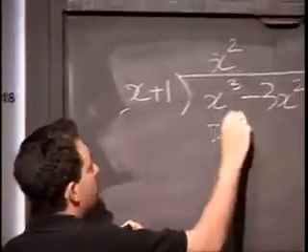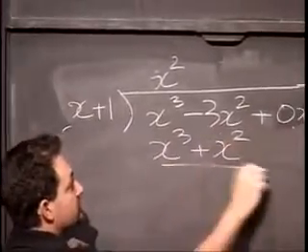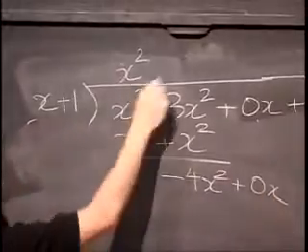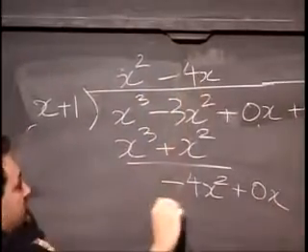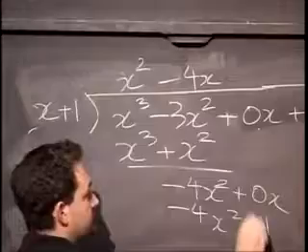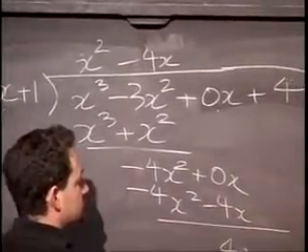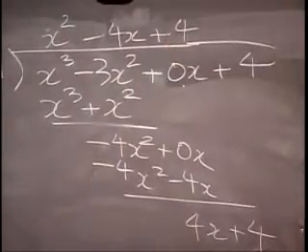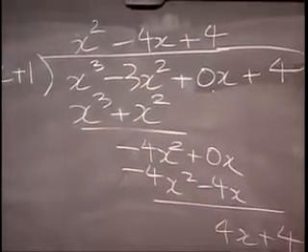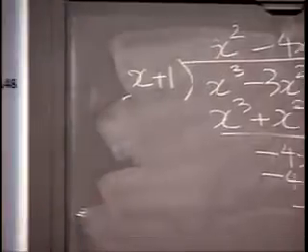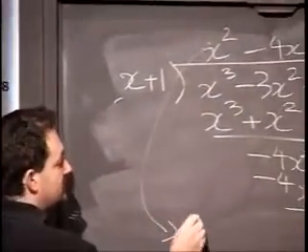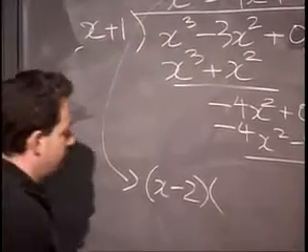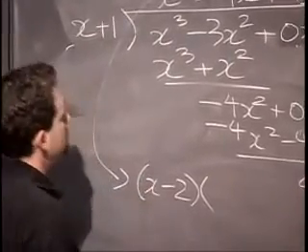So anyway, just whipping through this long division. I'll let you check out those details. And I get x squared minus 4x plus 4. And so actually this one does factor into x minus 2 all squared.